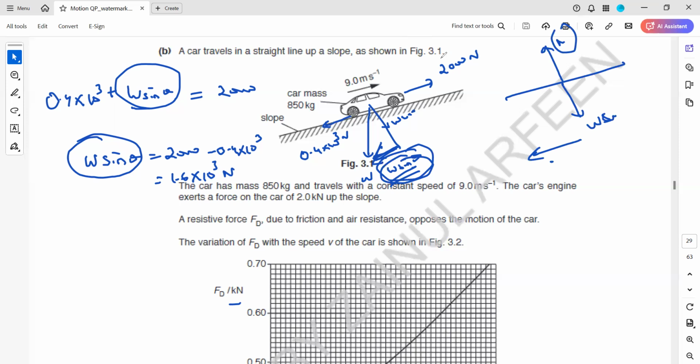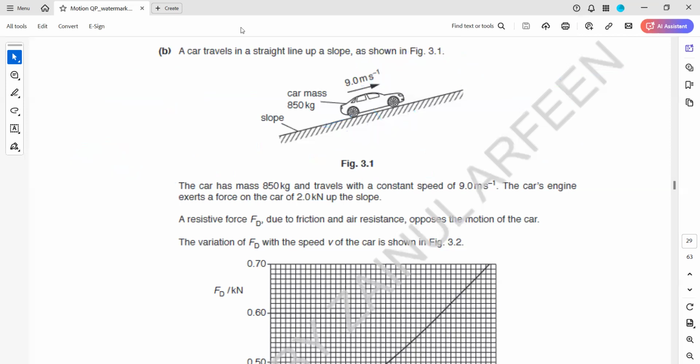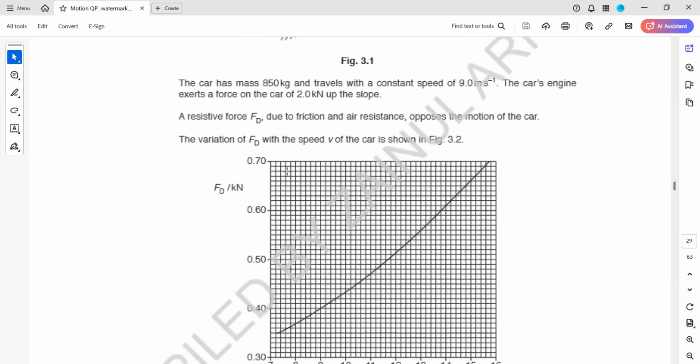Power is the product of force and velocity. The force needed to maintain a constant speed is 2000 newton, and the constant speed is 9. So we multiply them and we get the power of the engine.